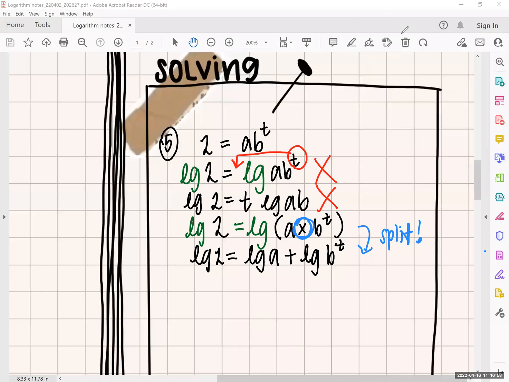Okay, let you copy first. So once we have this, what happens now? lg 2 is equal to lg a plus lg b^t. So do you all know what to do from now on? Anybody knows?